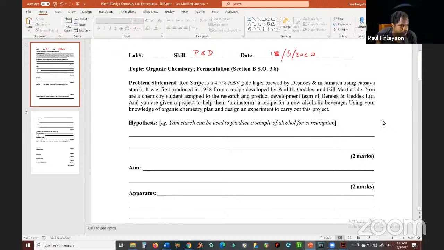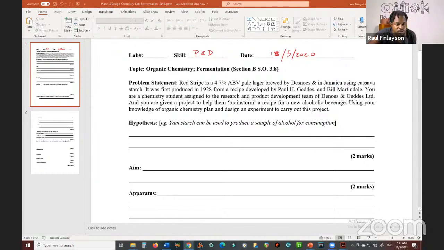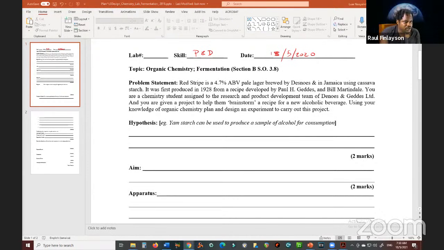But any fruit you want to use, you can use as well. Just pick one and run with it.